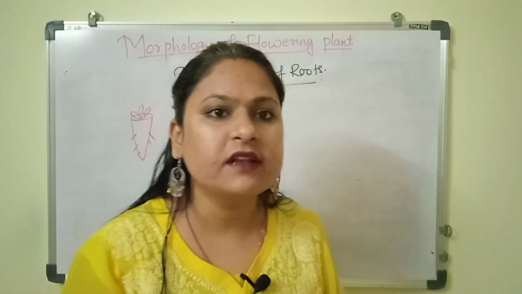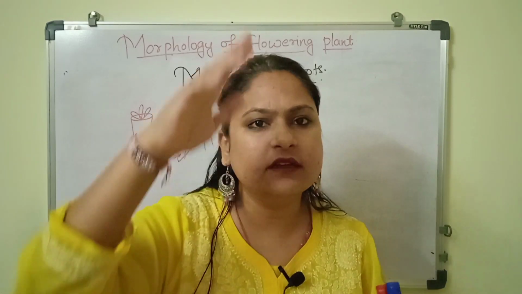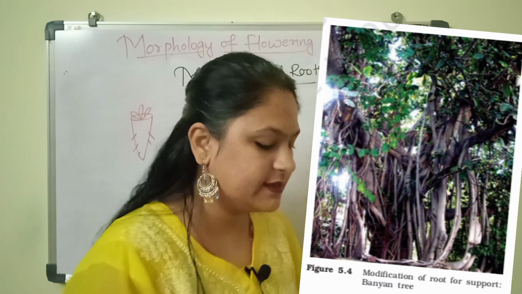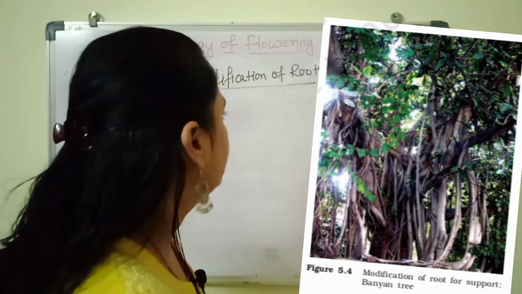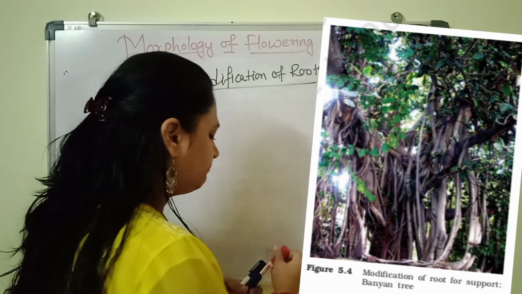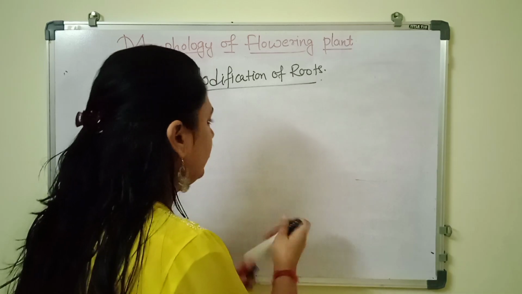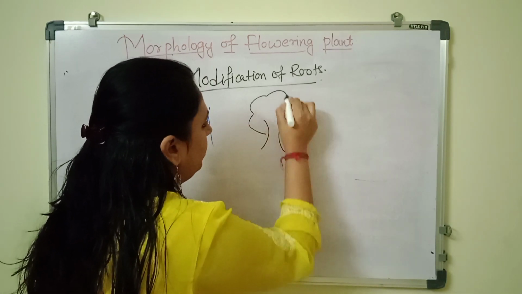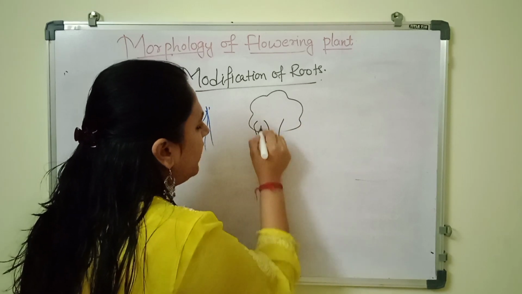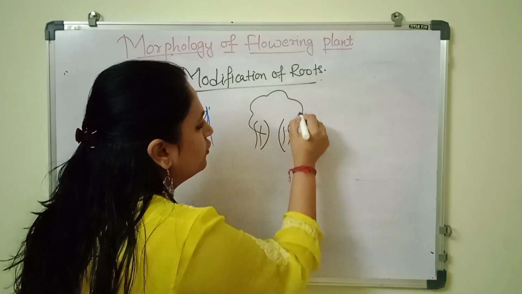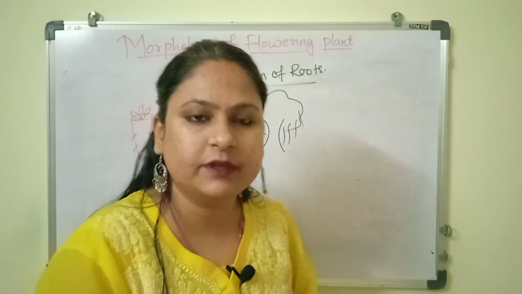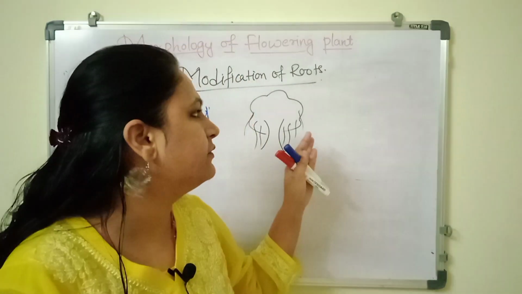Then there are plants which have hanging structures. Yes, you are guessing correctly, it is the banyan tree. The banyan tree has several aerial roots coming out from the upper part of the plant.